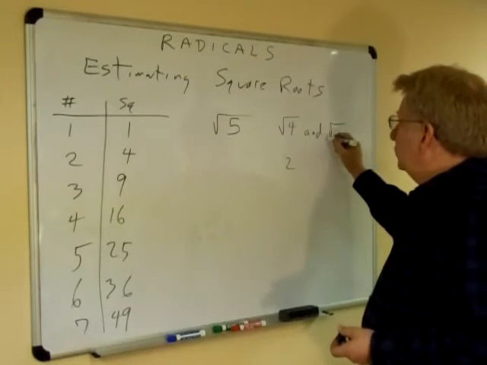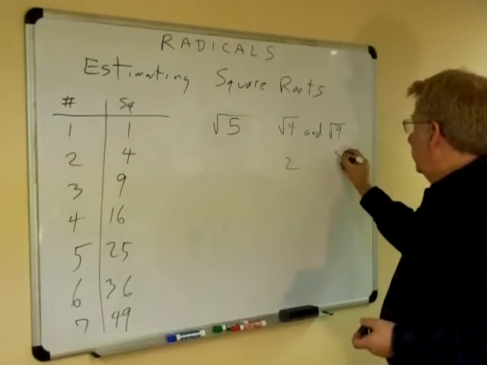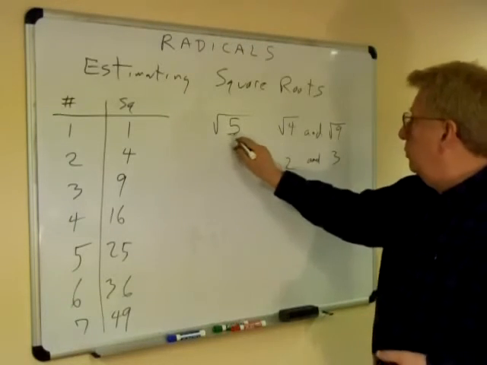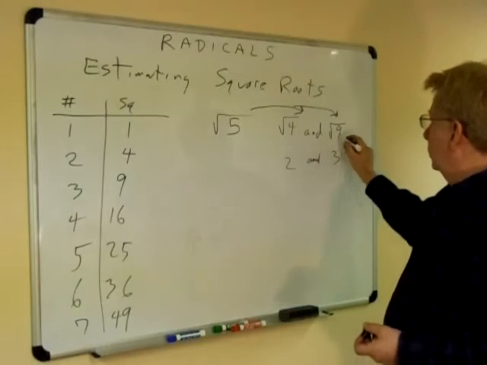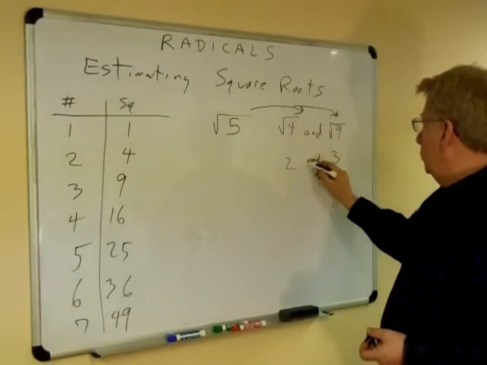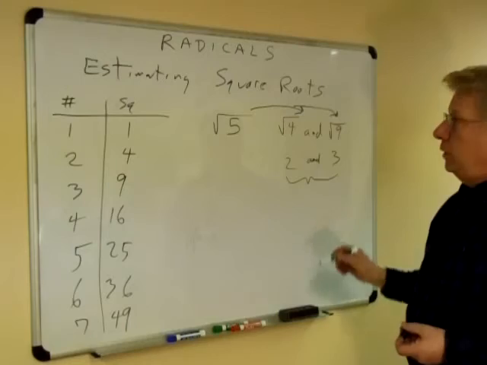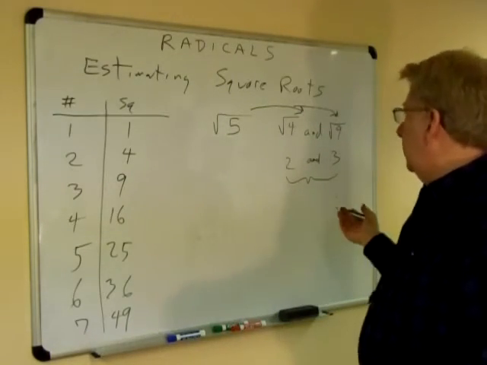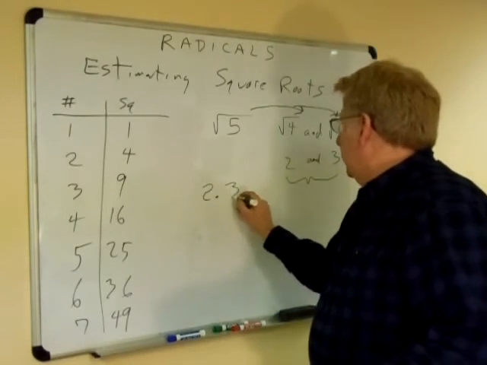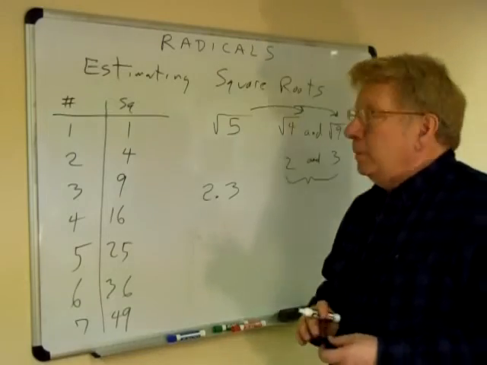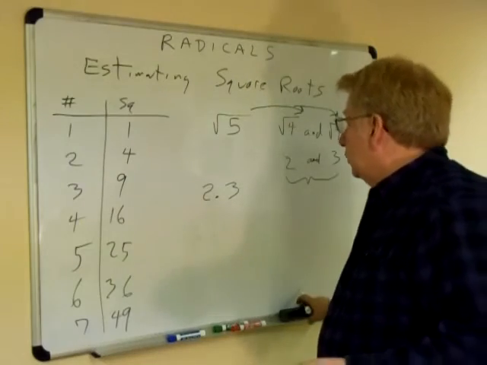And let's see, something larger than 5 that's a perfect square would be 9. So the square root of 9 is 3. So we know that the square root of 5 is going to fall between these two numbers, and they're perfect squares. So this square root is 2 and this square root is 3. So the square root of 5 is somewhere between 2 and 3. I can't tell from this exactly what it is, but we can give it something like a 2.3, somewhere in there. Of course, it's a lot better just to use your calculator, but if you have to estimate it, this is a method that you can use.